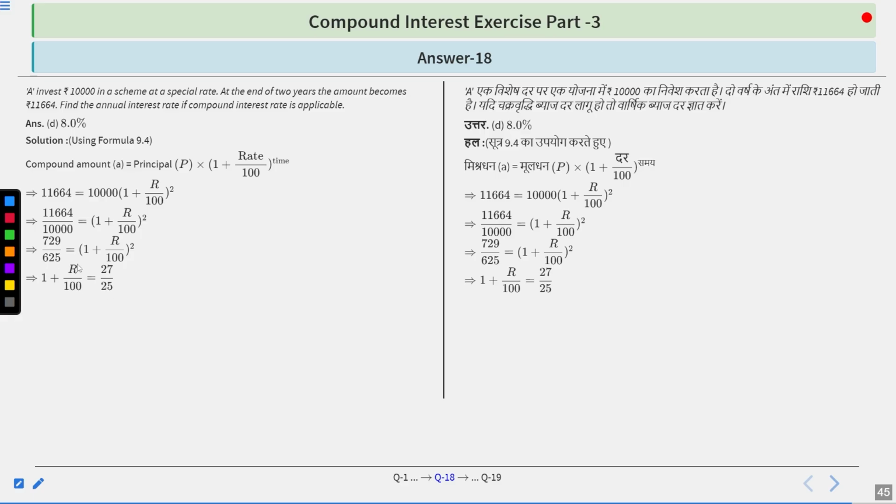So we get 1 plus R upon 100 is equal to 27 upon 25. Therefore, R upon 100 is going to be equal to 2 upon 25, because 27 upon 25 minus 1 is 2 upon 25. So rate is going to be equal to 8%, because 25 into 4 is 100 and 4 into 2 is 8. So option D, 8% is the correct answer.